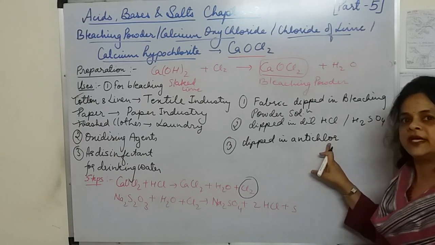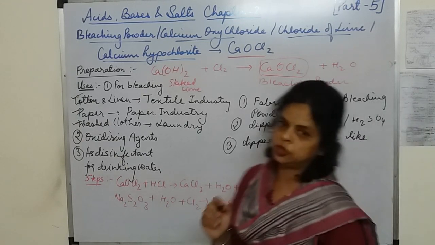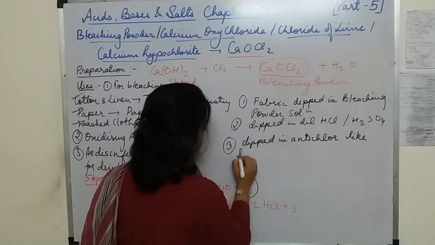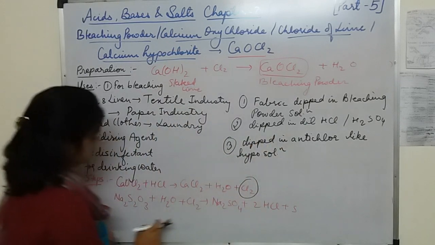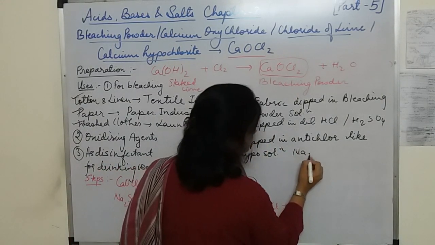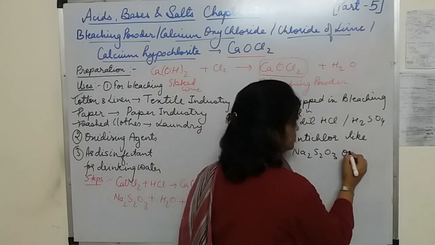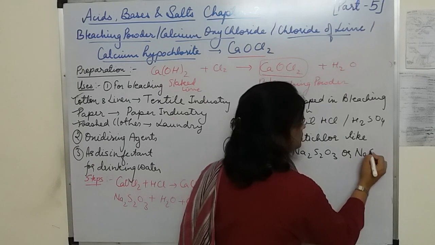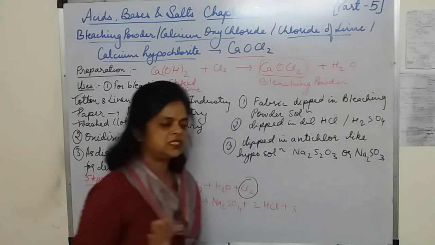Anti-chlor, that means it removes excess of chlorine, like hypo solution. Hypo solution, I had written the formula of hypo solution, Na2S2O3. Or it can be sodium sulfite, Na2SO3. Okay, this is sodium sulfite. So both of them are acting as an anti-chlor.